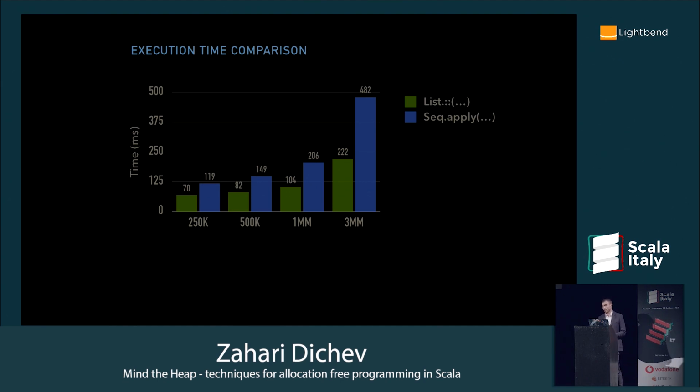It's very interesting to look at these results, at least for me, because I didn't really know how this works under the hood, and now I understand that there is quite a lot of luggage that you need to carry just to create this list with the apply method.